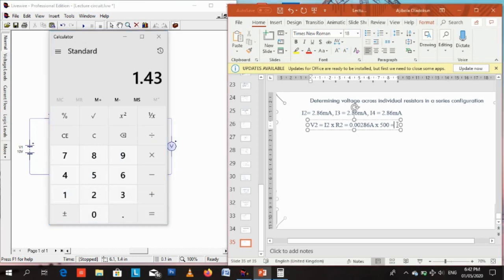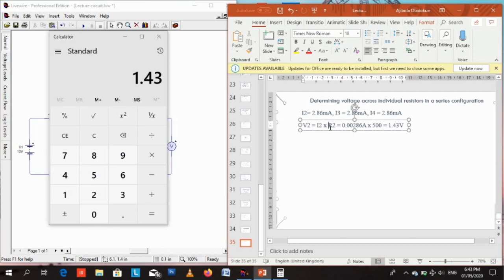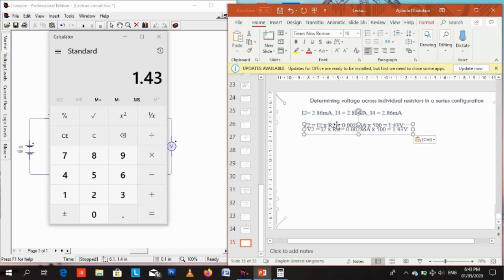That's 1.43 volts, which means volts for voltage, not amperes. So the voltage across R2, V2, we got by multiplying the current through R2, which is I2, by the resistance of R2, which is 500.